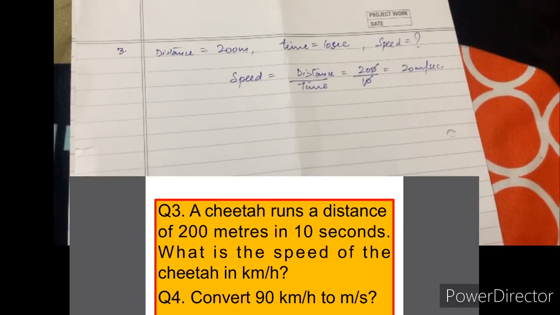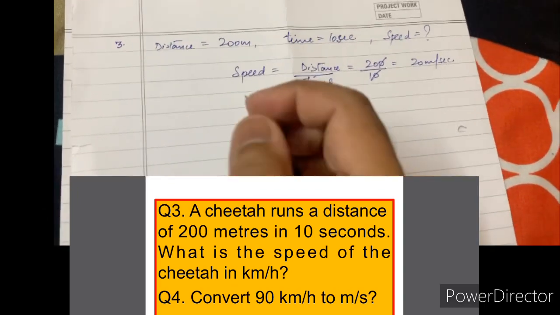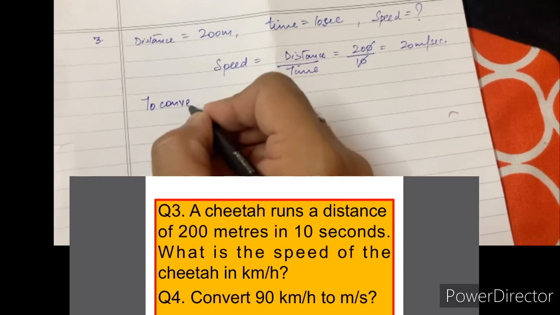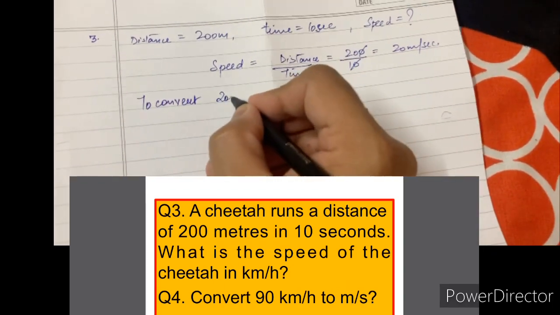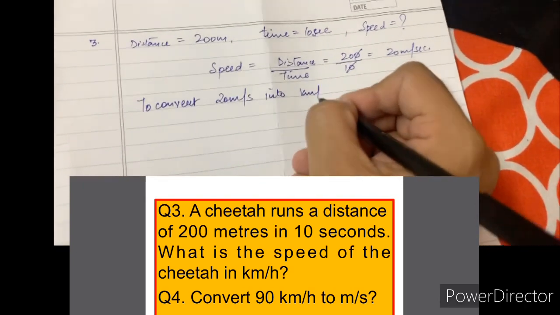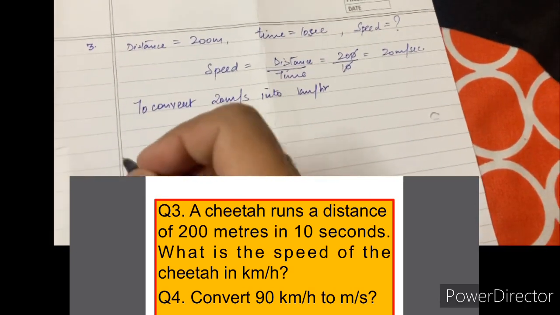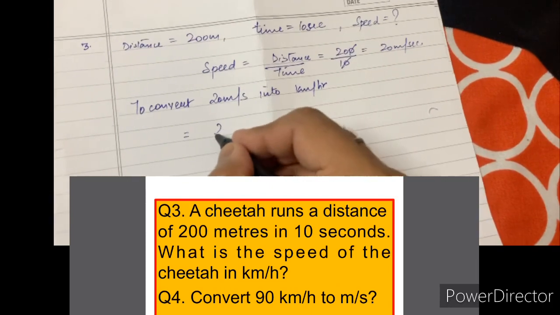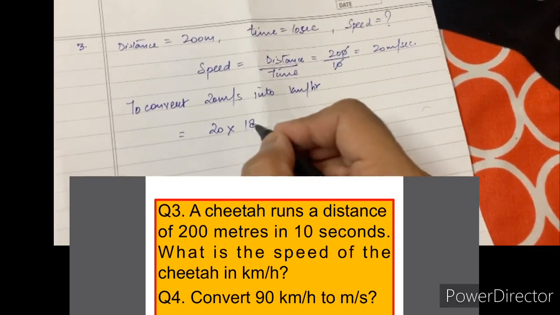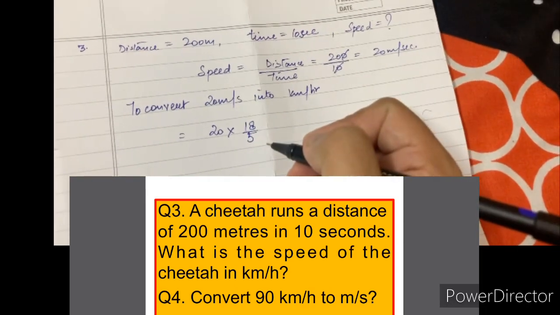So what we have to do is convert 20 meter per second into kilometer per hour. To convert it into a bigger unit, we have to multiply this 20 with 18 upon 5.